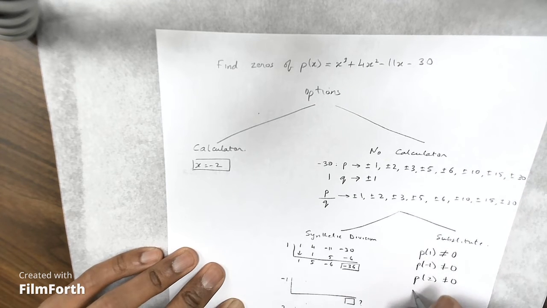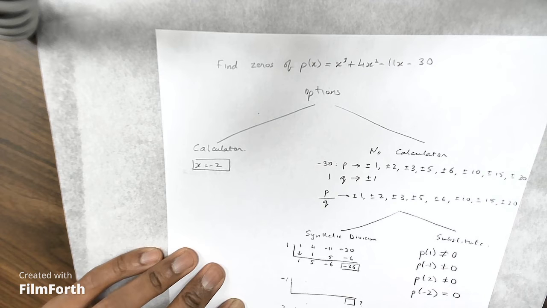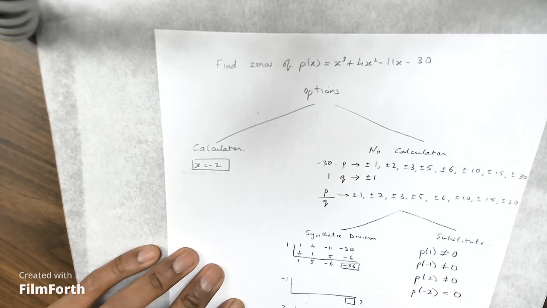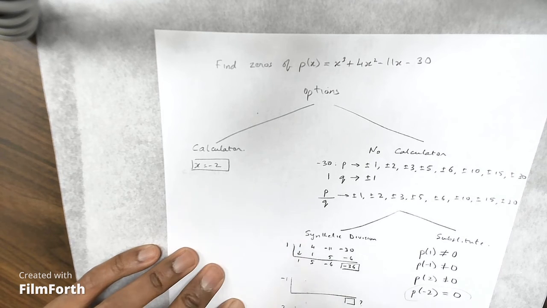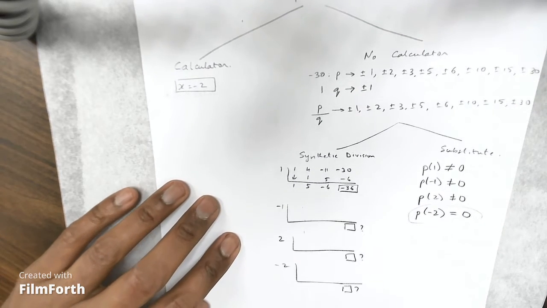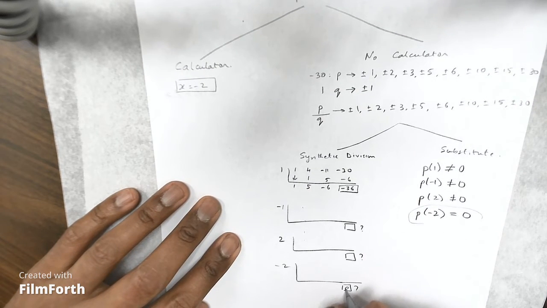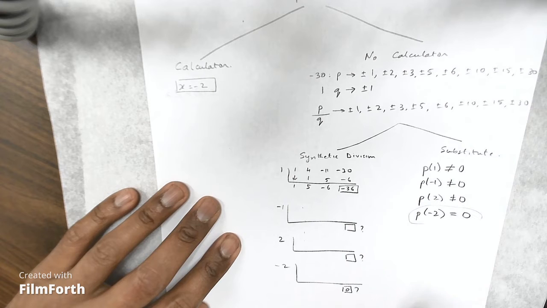Now, because we already know the answer, I'm going to say P of negative 2 is 0, apologies. We also got it from the calculator, or through synthetic division, you would have got this as 0.